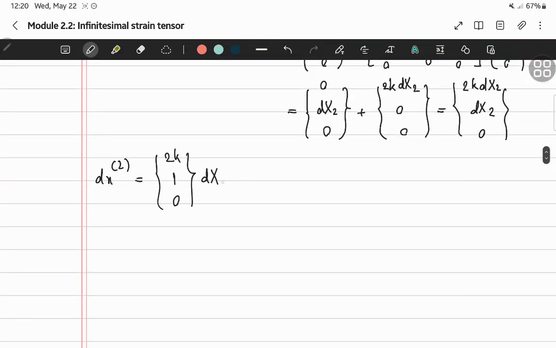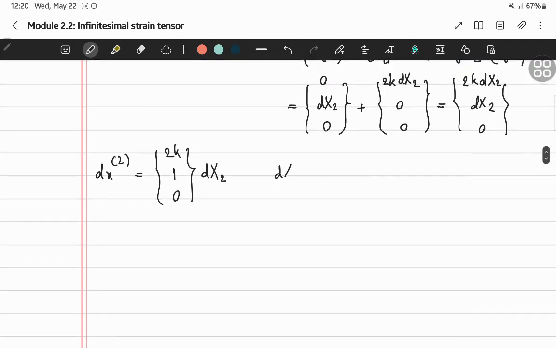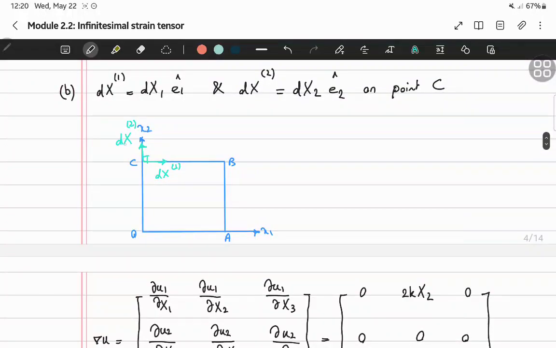This is like the magnitude. But previously for dx2, what we had was 0, 1, 0, and dx2. So if I compare these in here, these were the initial ones.